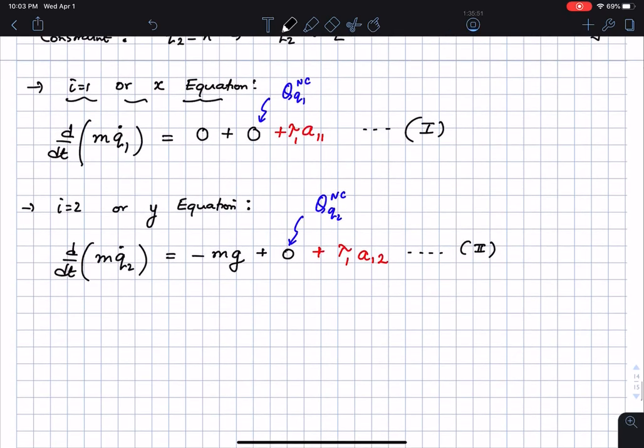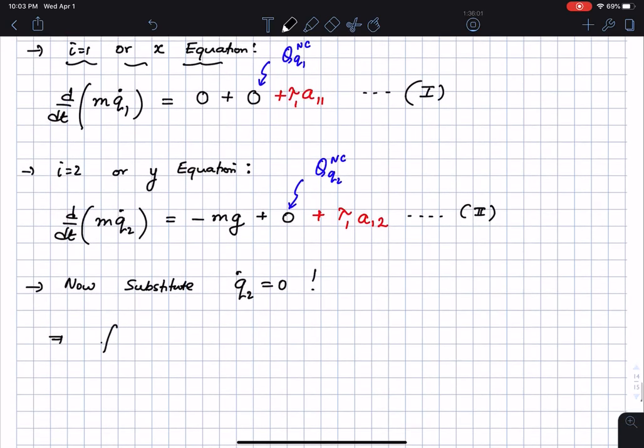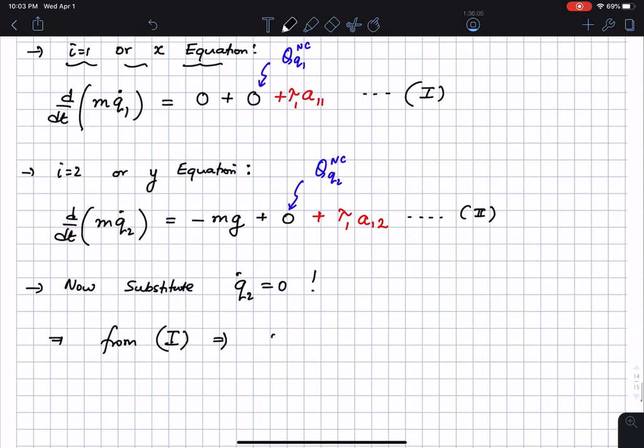Now substitute q2 dot is equal to 0. From 1, what do I get? I get m times q1 double dot is equal to 0.